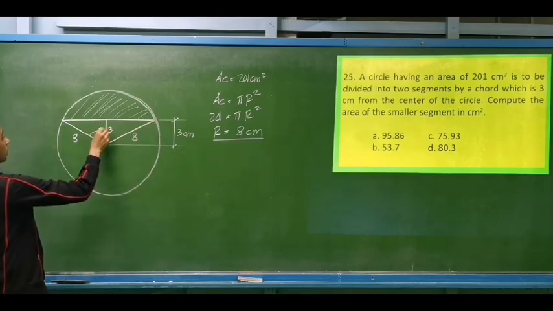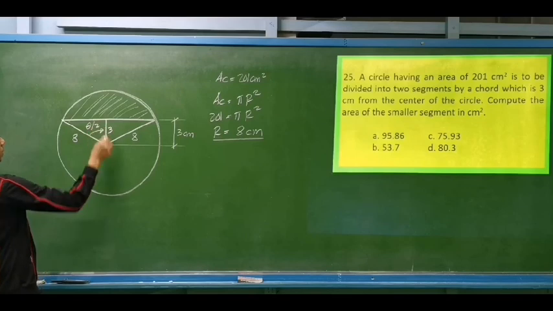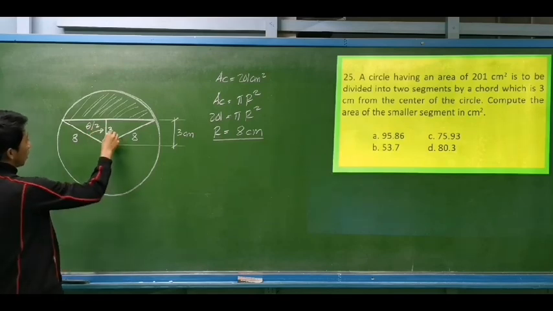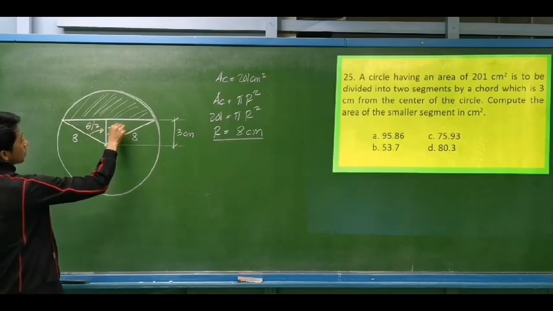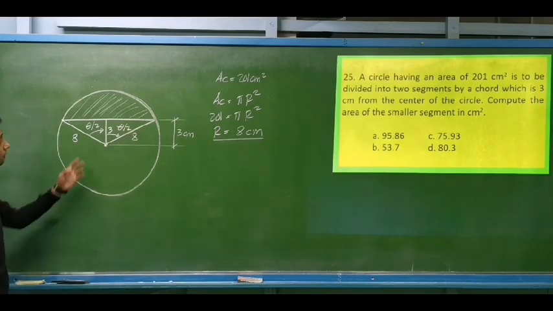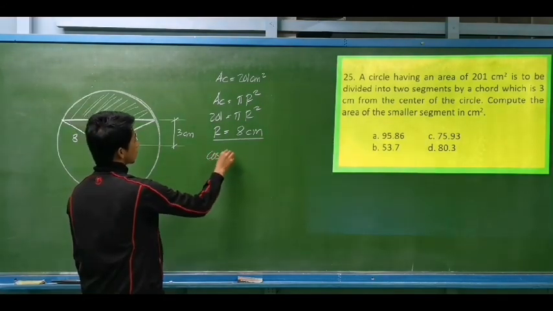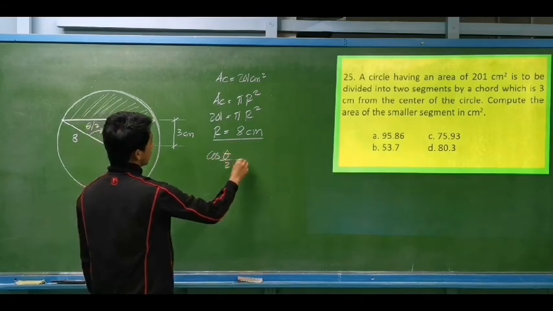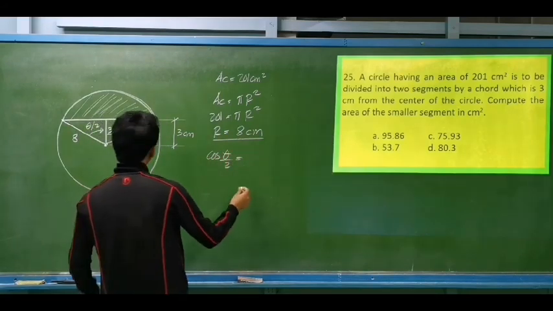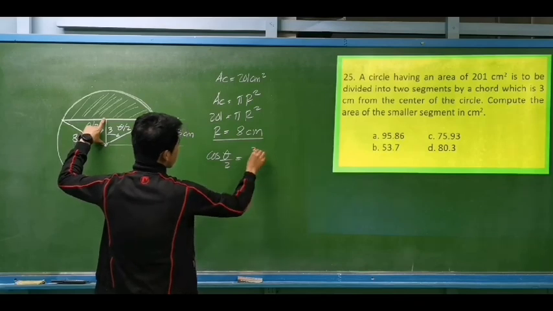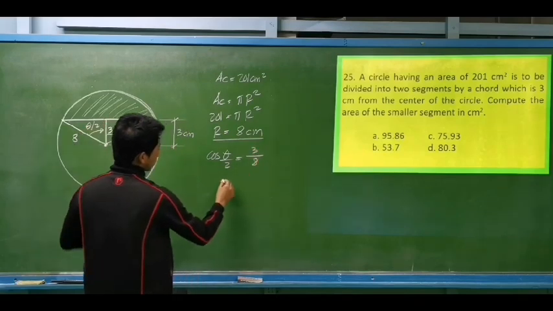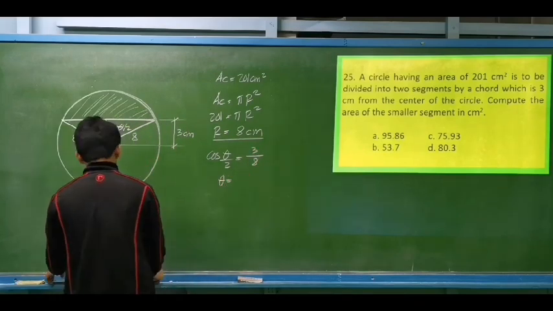Let's get this angle, let's say this is theta over 2, because it is the same on the other side. This is also theta over 2. What function can we use? We can use the function of cosine. The cosine of theta over 2 is equal to the adjacent side, 3, divided by 8. Let's get theta.